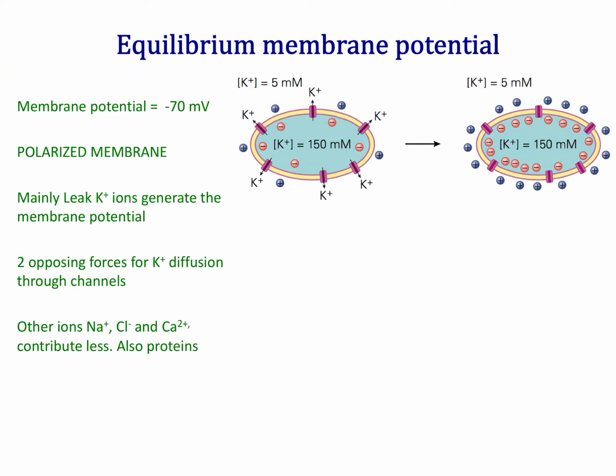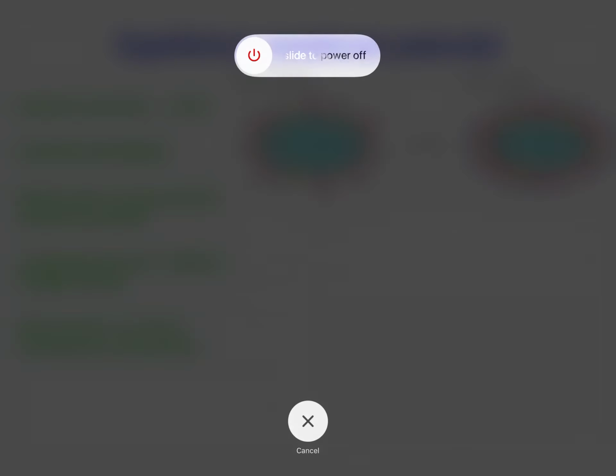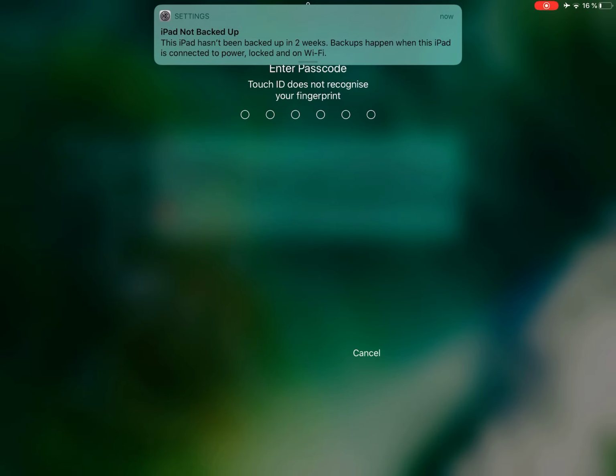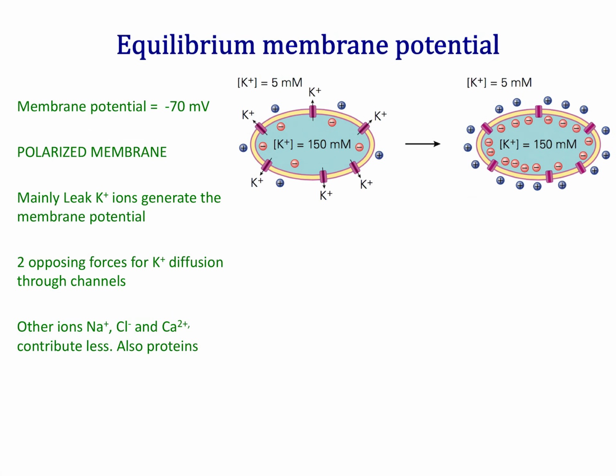So after potassium ions have diffused out of the cell through these resting potassium channels, then an equilibrium membrane potential is established across the cell membrane.